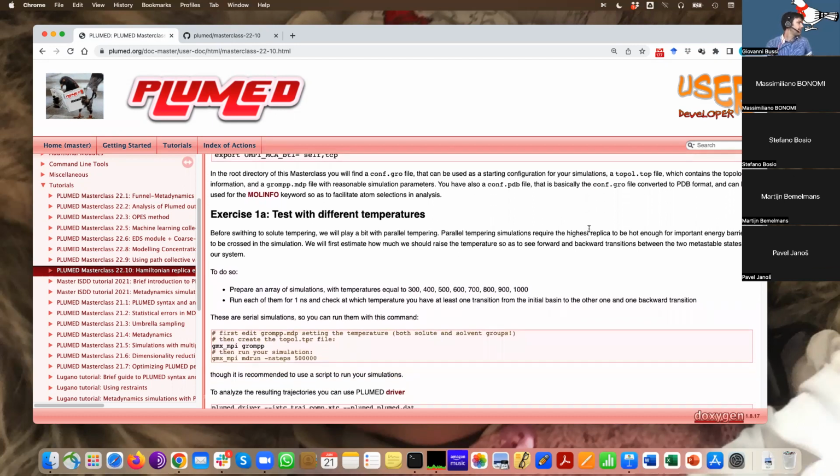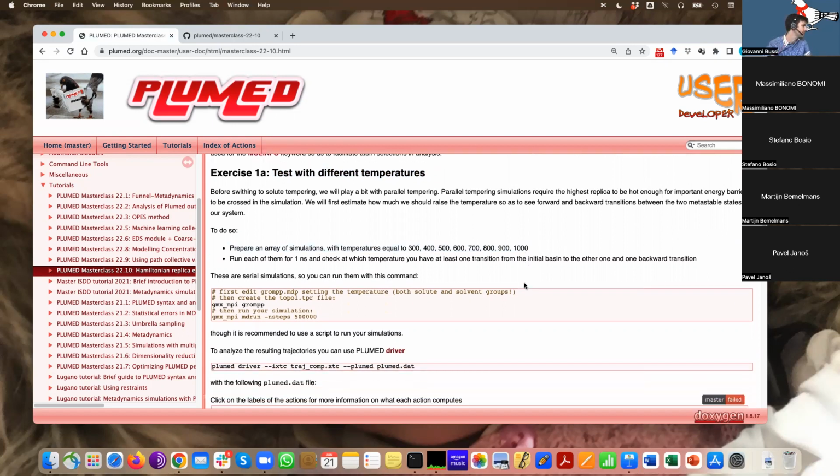Okay, so exercise 1, as a reference, will be a parallel tempering simulation. So no solid tempering yet. The first point will be to see what the effect of changing the temperature on alanine dipeptide is. So run multiple simulations at growing temperatures, 300, 400, 1000. You can even go higher if you want.